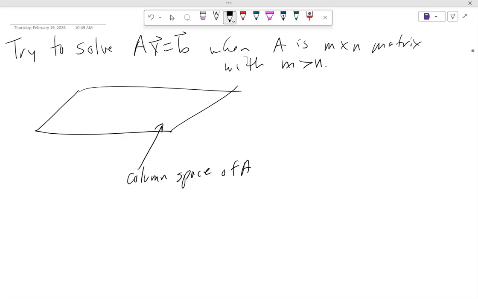What that means is that our vectors are living in, say, R5, but maybe I only have 3 columns. So I can only possibly generate 3 out of the 5 dimensions. And then maybe I've got another vector that doesn't fall into those 3 dimensions. So we've got some other vector, we'll refer to it as B, that doesn't lie in the column space. And that's what makes the system inconsistent.